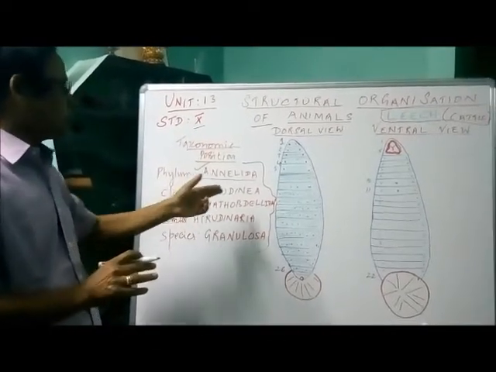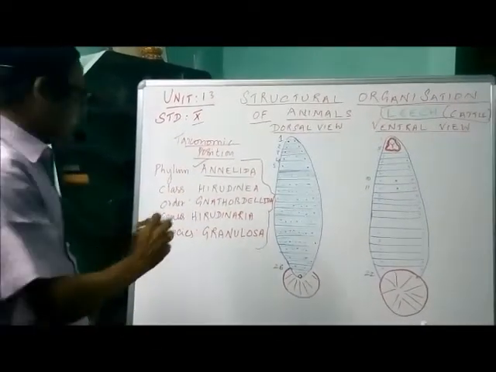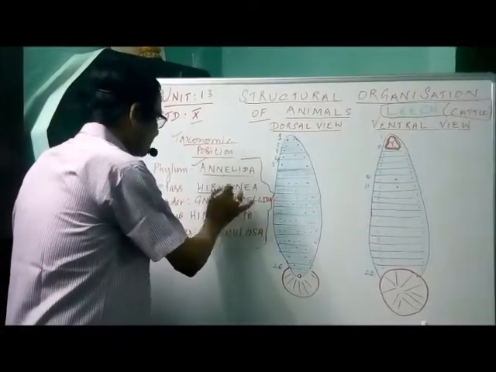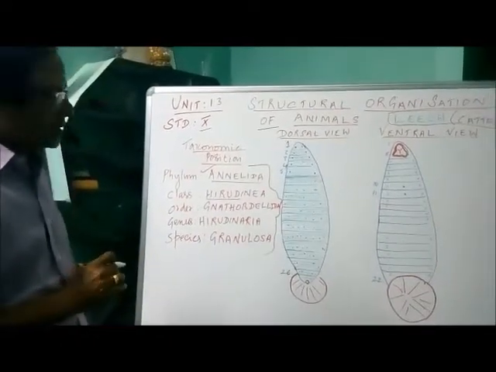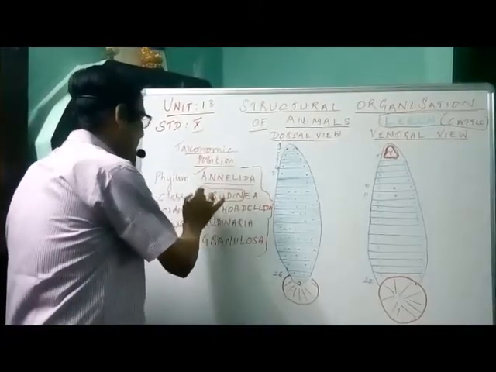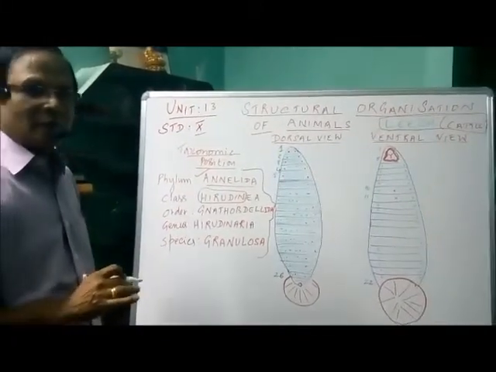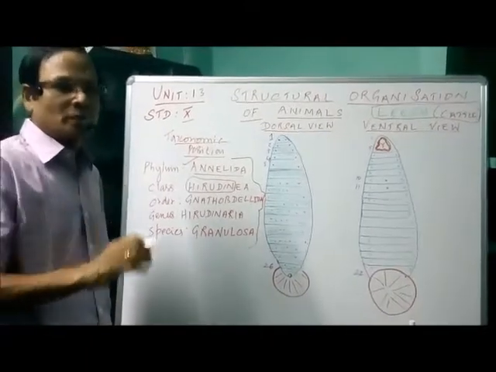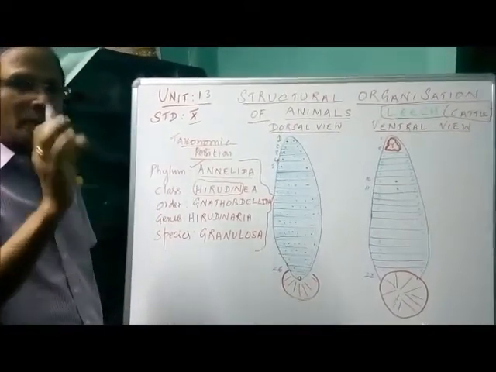Now, class Hirudinea. The animals have some substance in their saliva called hirudin. This is an anticoagulant present in the saliva to prevent the coagulation of the blood while the animal is sucking the blood.